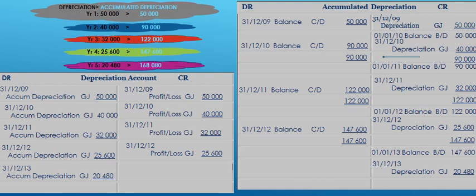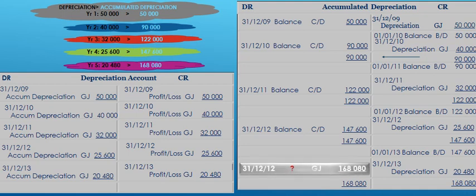The expense account depreciation will be closed off to profit and loss on the credit side, while the accumulated depreciation account will be closed off and the asset will be derecognized because it has reached its full term of useful life.